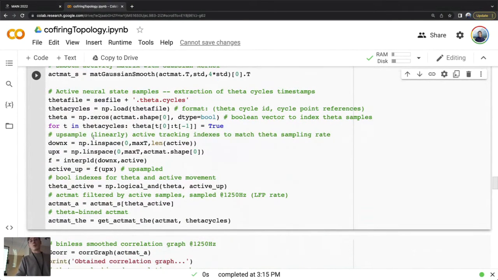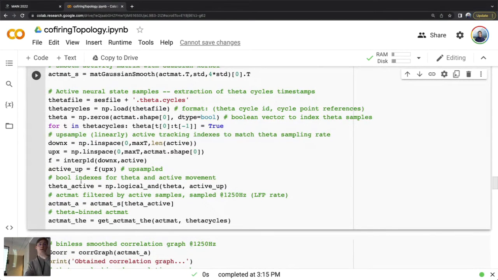But what I'm actually doing right now is taking all the samples when there was some theta happening. This theta variable is a Boolean vector that will then index my ActMat variable.